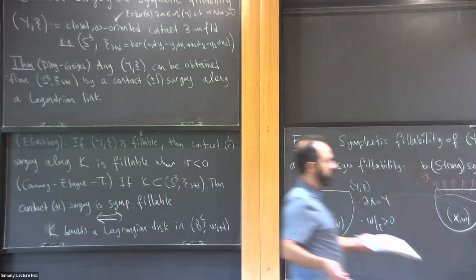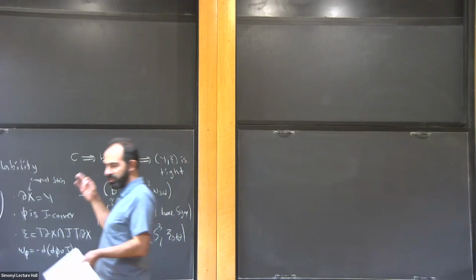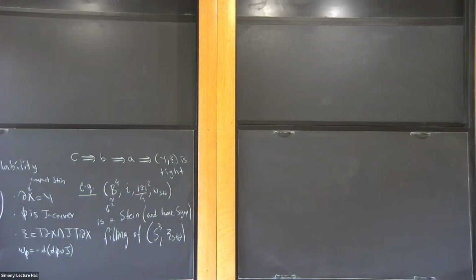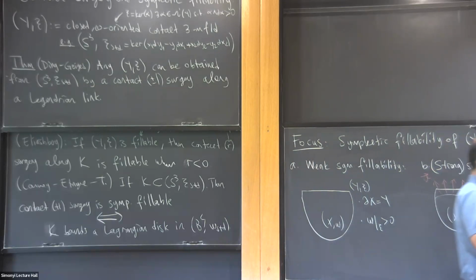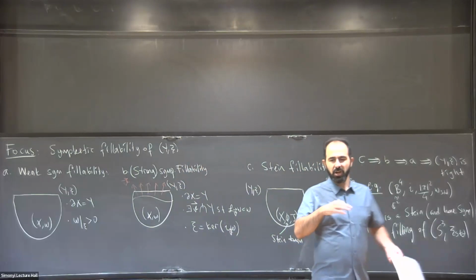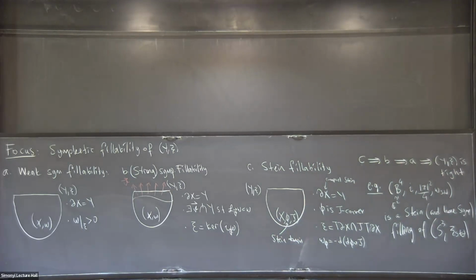What happens when the surgery coefficient is greater than 1? I won't be able to answer this for all positive integer surgeries. You might ask what happens in the rational case. For various results in contact geometry, often you can upgrade this easily to the rational case as well, and we'll talk about it when we come to the details of the surgery coefficient.